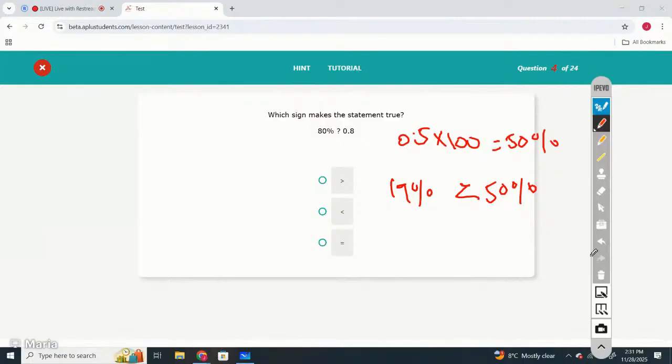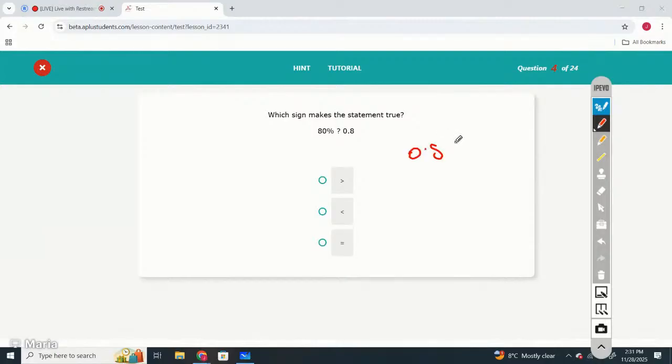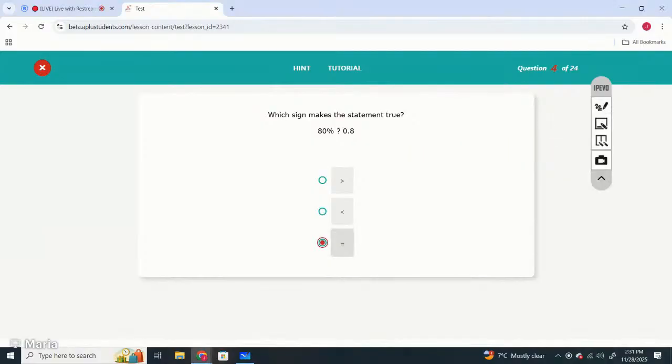So 0.8 times 100 equals 80%, right? So both sides are exactly equal.